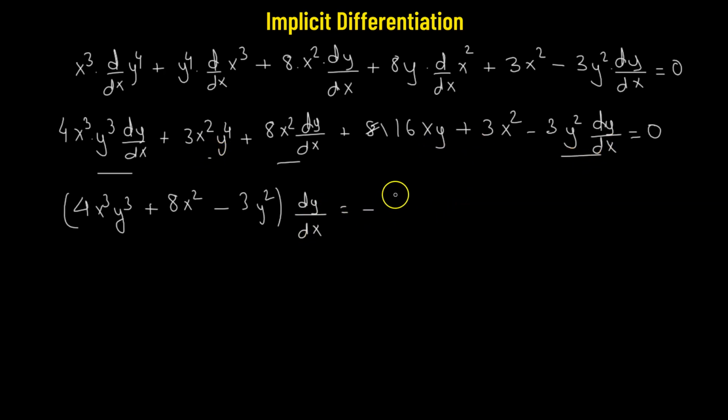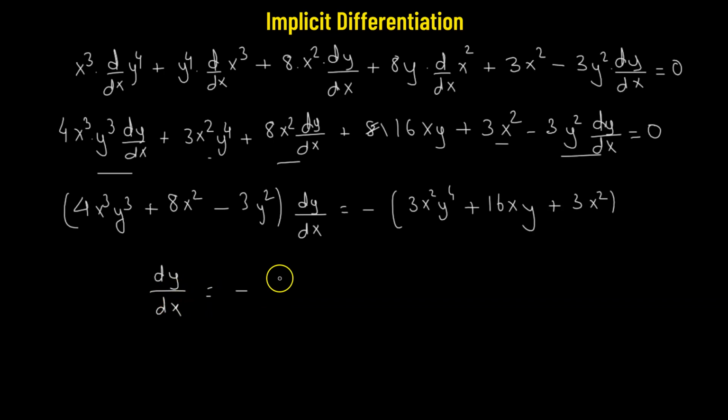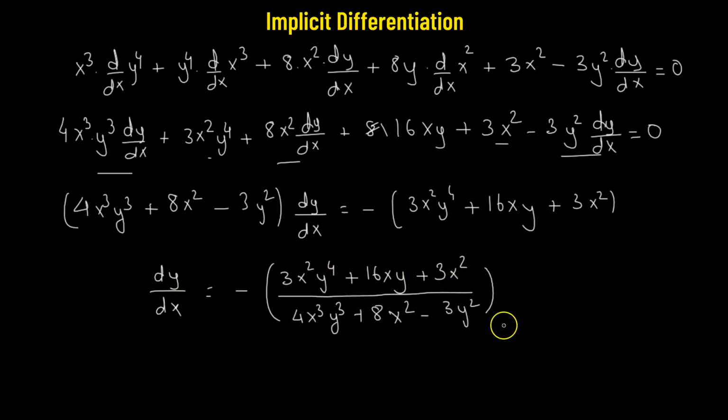So we'll take minus common. So we have 3x squared y to the power of 4, the second term. The fourth term will be positive 16xy, and the fifth term is positive 3x squared. Now finally, we can isolate dy over dx, and that should give us. So this is the implicit differentiation of the given implicit function.